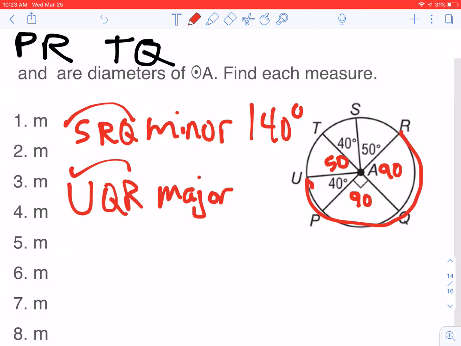So if you guys are doing the homework today, either print out the worksheet or you can just draw a circle. 40 plus 90, or you can do 90 plus 90, 180, 180 plus 40, 220. That's a major.